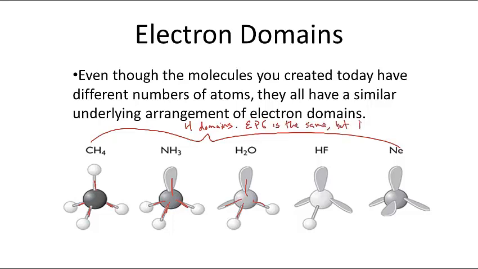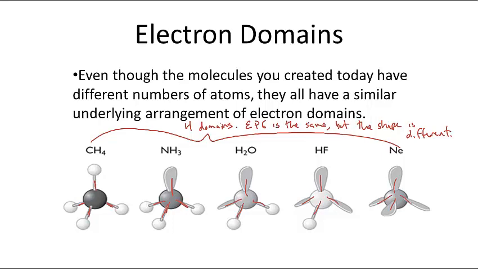but the shape is different. And the shape is different because of the lone pairs. Right? Again, all of them have 4 domains, so they start in that base tetrahedral form.